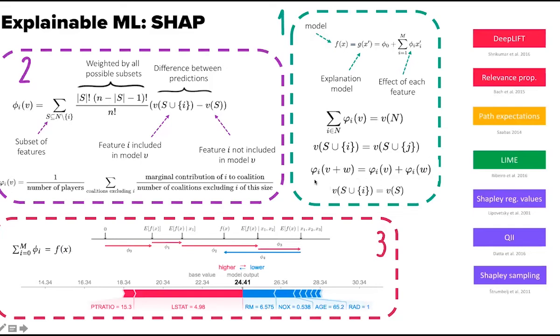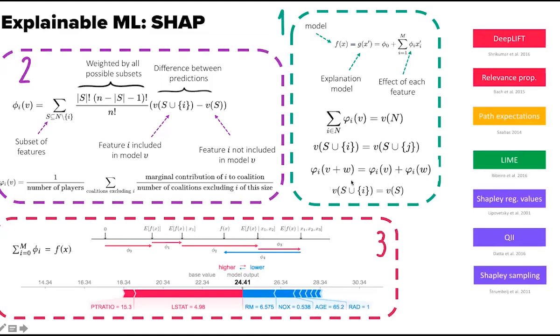Then if there are multiple players and they have the sum of their effects, you can calculate it for each of those players.